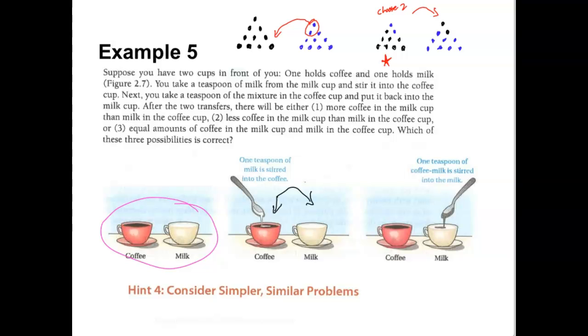In that scenario, is there more milk in the coffee, more coffee in the milk, or are they even? Yeah, they're even, right? Here I have 2 milk molecules in my coffee.